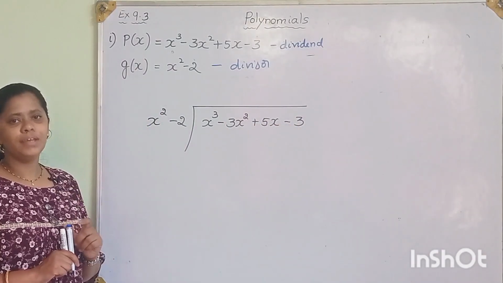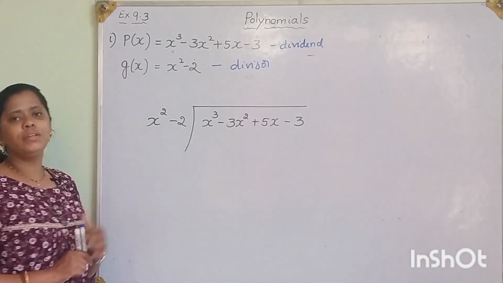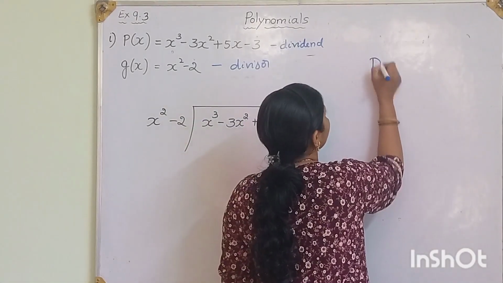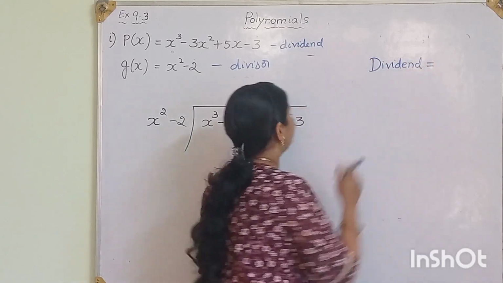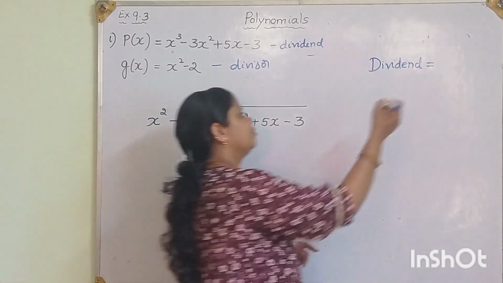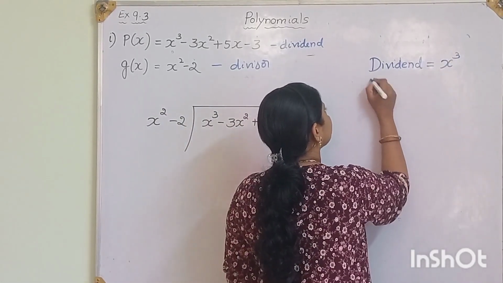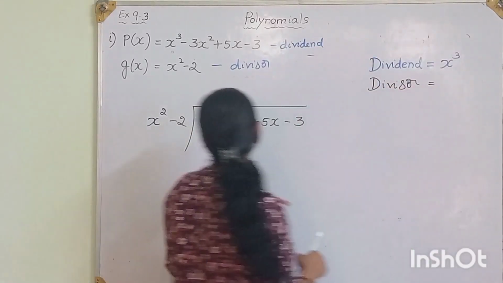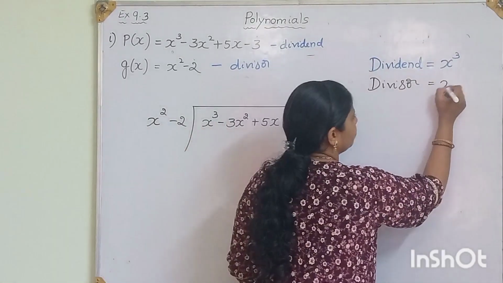Now the second step is we have to write the first term of both divisor and dividend. See, in the dividend, which is the first term? X cube is the first term. In the divisor, which is the first term? X square is the first term.